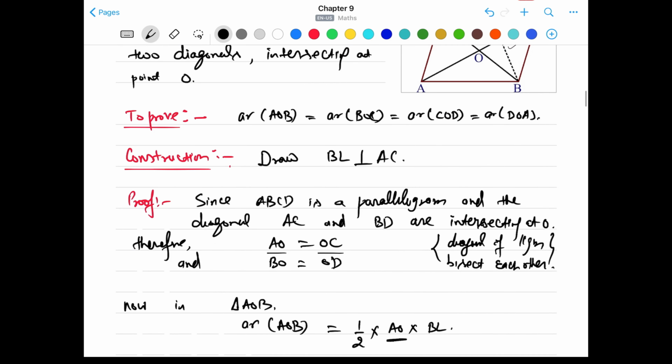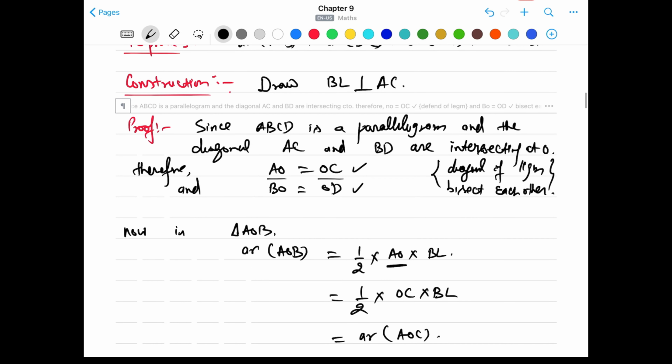The base is AO and the altitude is BL, so its area is half into AO into BL. Since AO is equal to OC, we can write half into OC into BL, and this gives us the area of the triangle AOC.